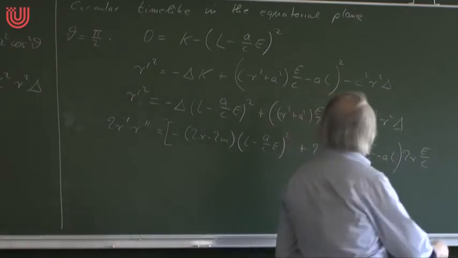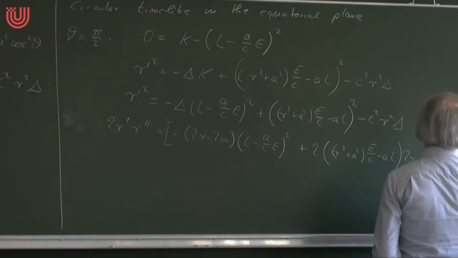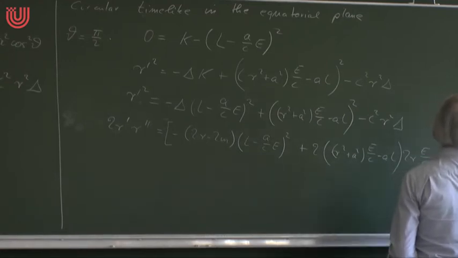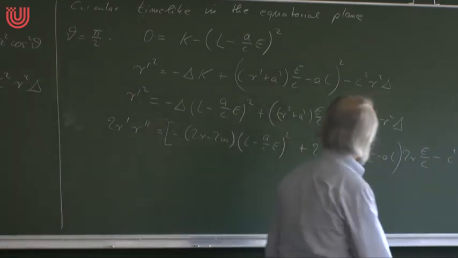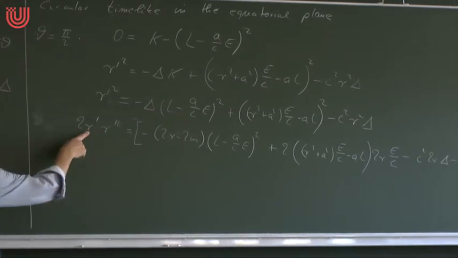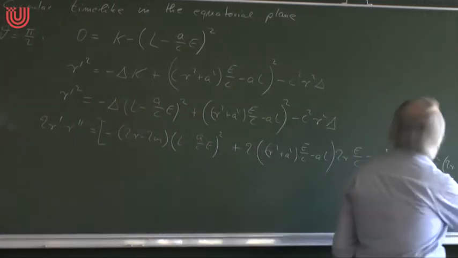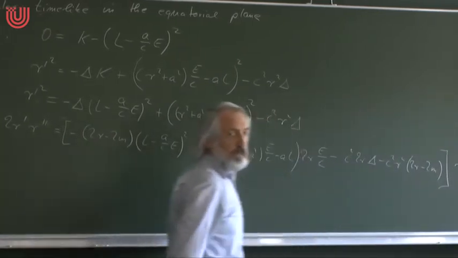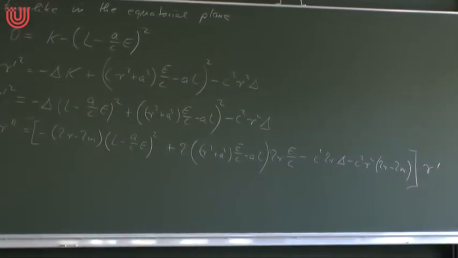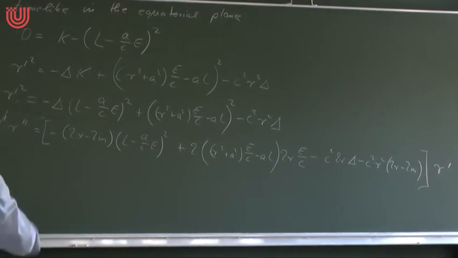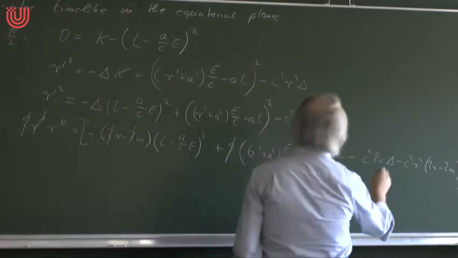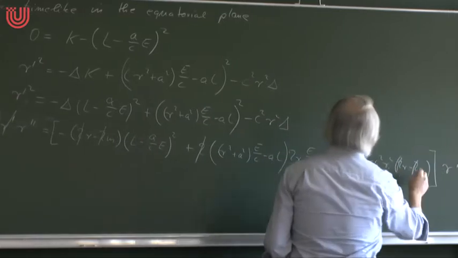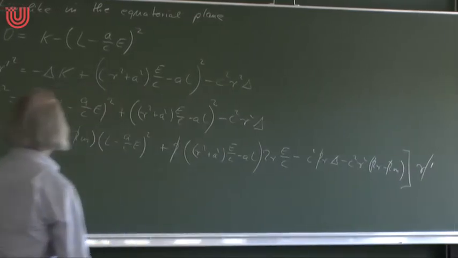The last term is minus c squared 2r delta minus c squared r squared, and the delta differentiated gives 2r minus 2m, bracket close. I have differentiated with respect to r. On the left-hand side, I differentiated with respect to the curve parameter, so I have to differentiate r with respect to the Mino parameter, and then I get this. And 2 r prime drops out, so this gives me r double prime.